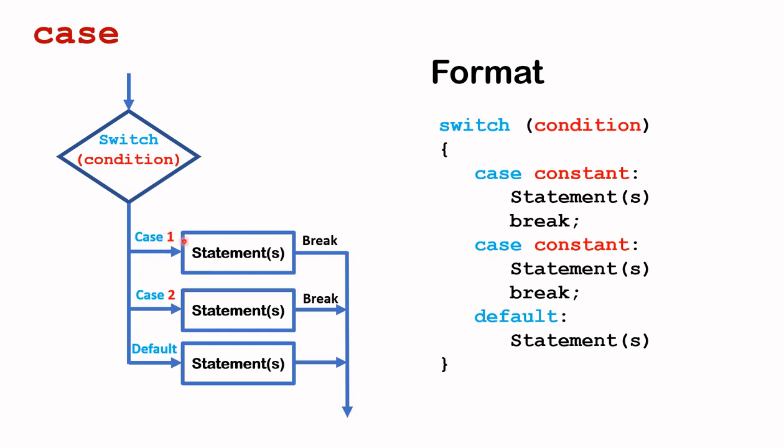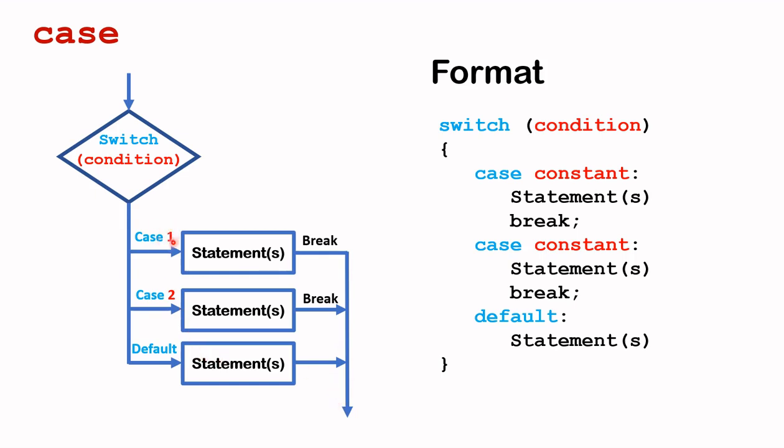Now, if this first case constant does not match the condition, it will then compare it with the next case constant, and if that matches, then the statements will be executed, and when the break is encountered, it will exit.